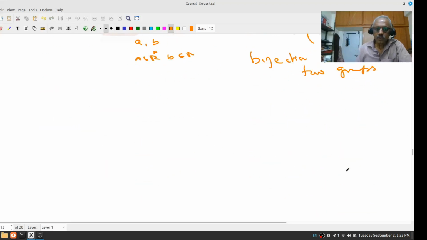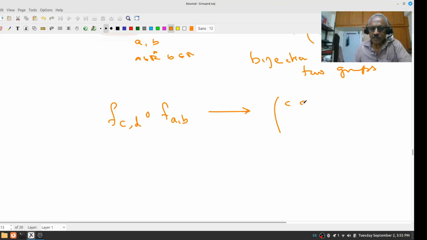Also look at the multiplication f of CD composed with f of AB. Where does it go to? It goes to the matrix multiplication of C, D, 0, 1 times A, B, 0, 1. CD goes to this matrix, AB goes to this matrix, and the composition goes to the product of these two matrices.